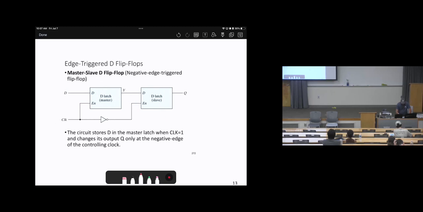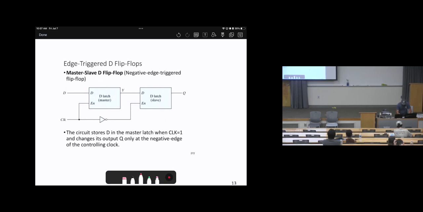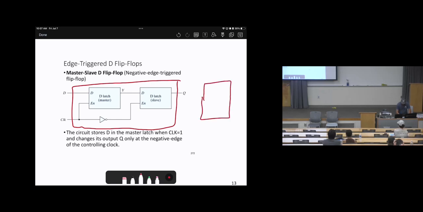Therefore, we can replace the D flip-flop by an equivalent box. This equivalent box can be drawn like this. Here is D, here is the clock, here is Q, here is Q bar. You can add either Q bar here or make a bubble. It's up to you, but don't make both. So it's actually the same as the D latch, right? But there should be a difference that distinguishes them.